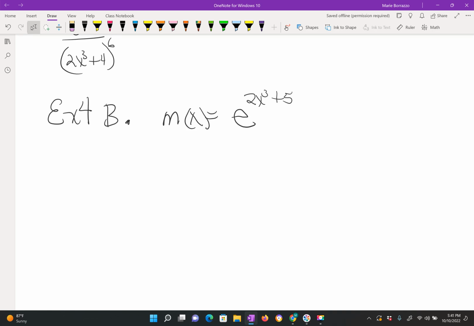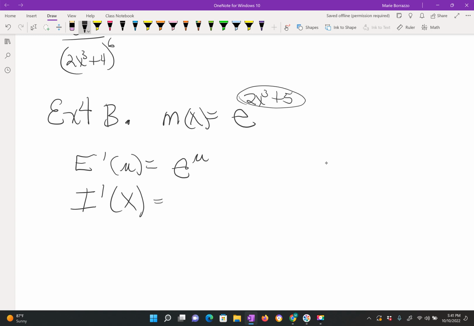All right, so we're going to start with b. So we start with the first derivative of e to the u. We know in this case that the first derivative of e to the u is going to be e to the u times the derivative of this part, which is basically 6x squared.